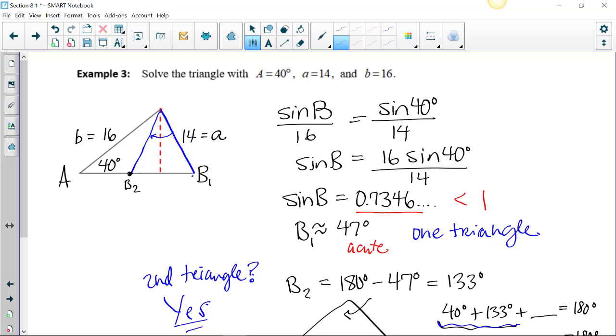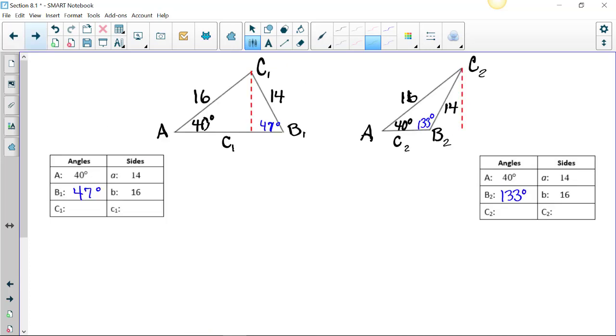So that means I've got this other angle. This is my angle, 133 degrees. This one is 47. So I like to separate it and make two pictures and label it appropriately. I like that altitude in there because it gives you an idea that if I swung it around, it would be over here.